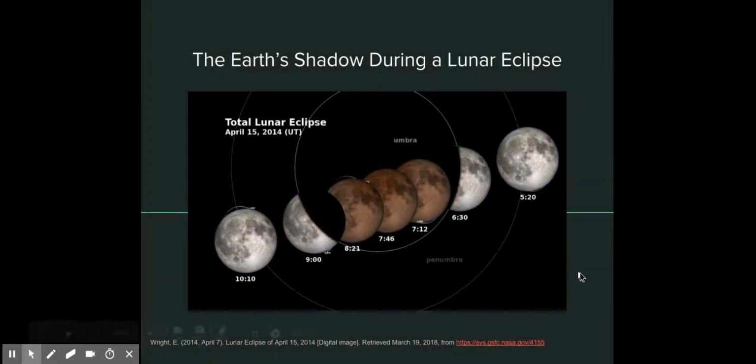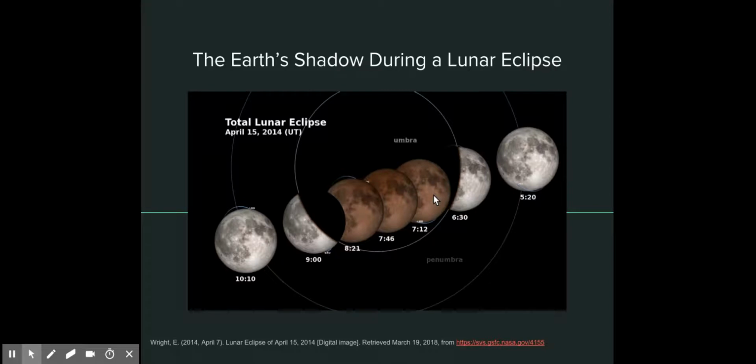These are images of how Earth's shadow can cause a lunar eclipse. So if we go over here, start on the right side, we see that the moon looks like it normally does during a full moon. As the Earth's shadow gets closer to the moon, part of the moon will disappear from our sight and reappear with that reddish tint.